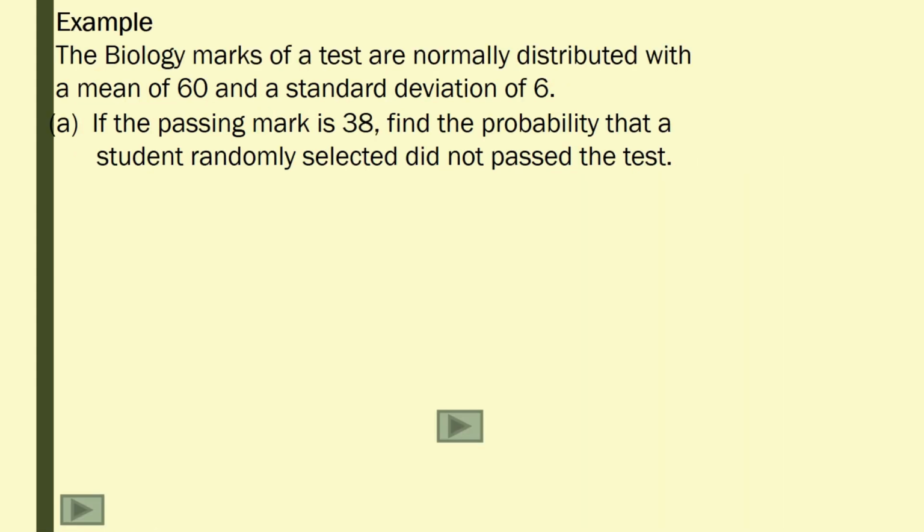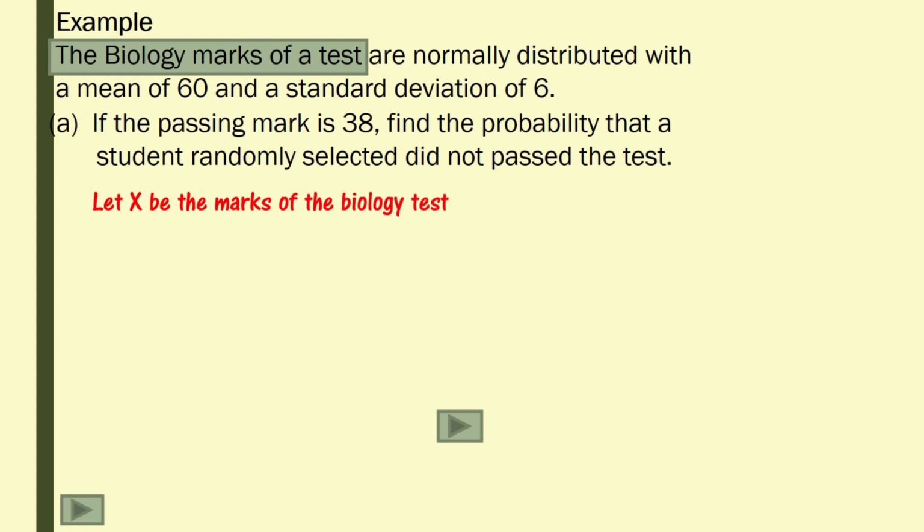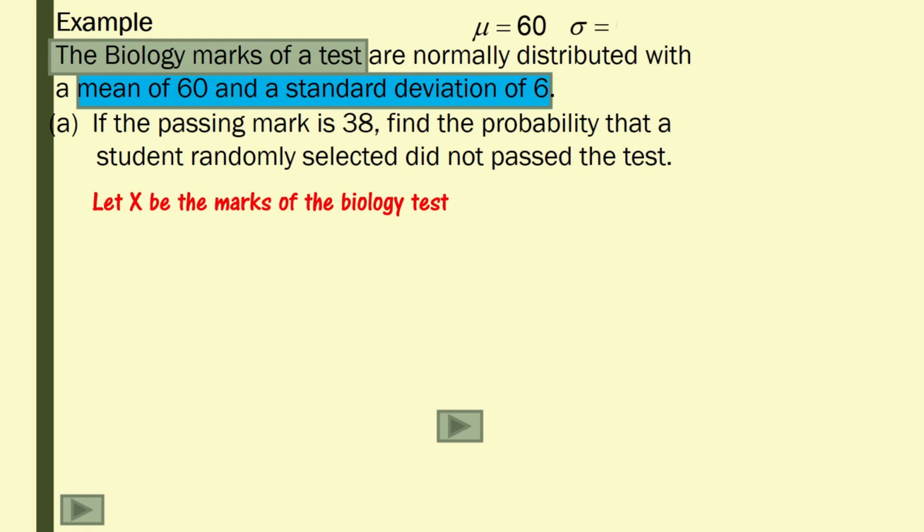Okay, first we must describe what X is, and for this question we can describe X as the mark of the biology test. X is normally distributed with mean 60 and a standard deviation of 6, so mean μ equal to 60 and standard deviation equal to 6.